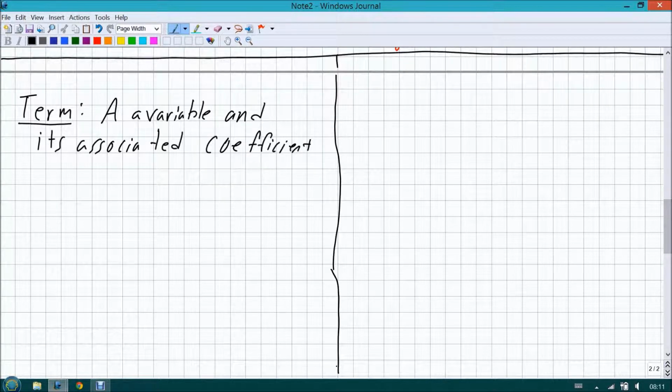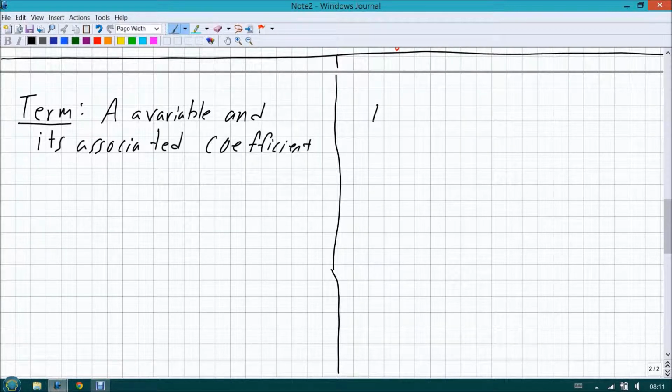So yeah, do we know what coefficient is? Not really. Do we know what variable is? Well, kind of. So an example is worth 1,000 pictures or 1,000,000 words. So let's go ahead and do our example.